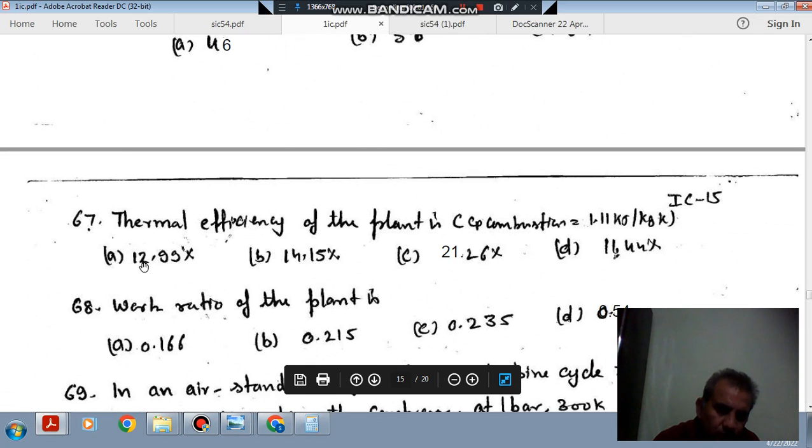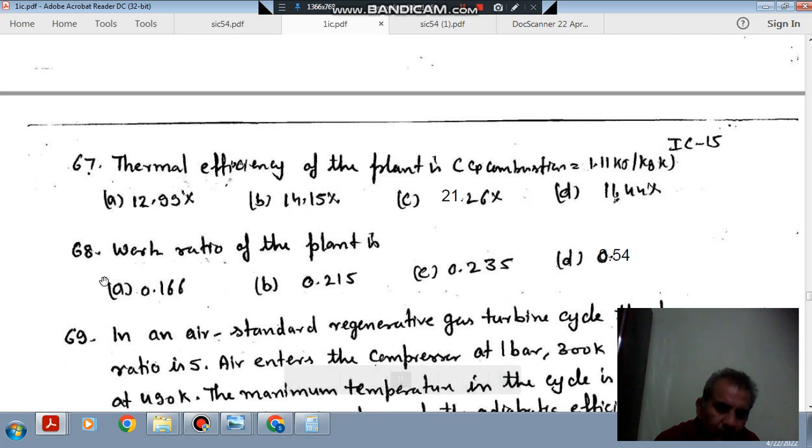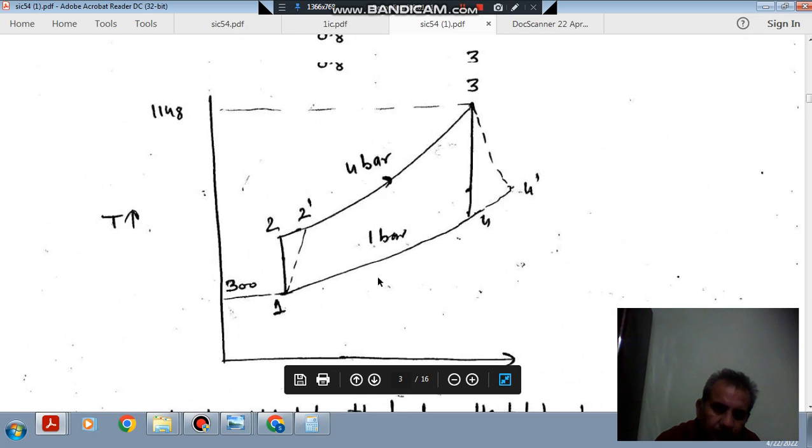Options are A 12.99%, B 14.15%, C 21.2%, D 26%, and 11.44%. Question 68: the work ratio of the plant is option A 0.166, option B 0.215, option C 0.235, and option D 0.14.